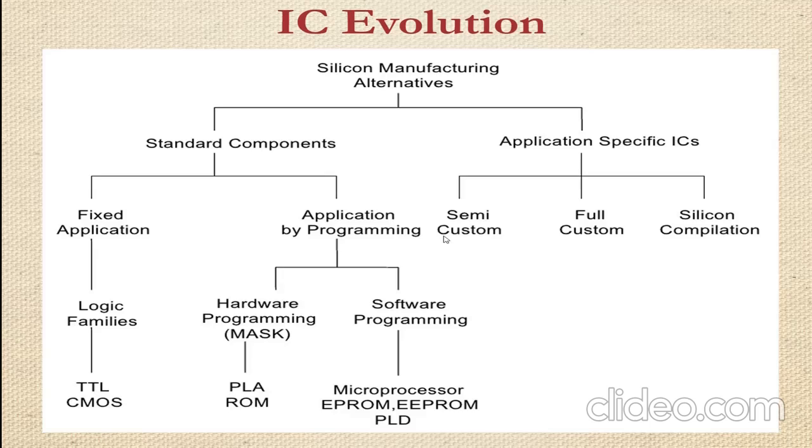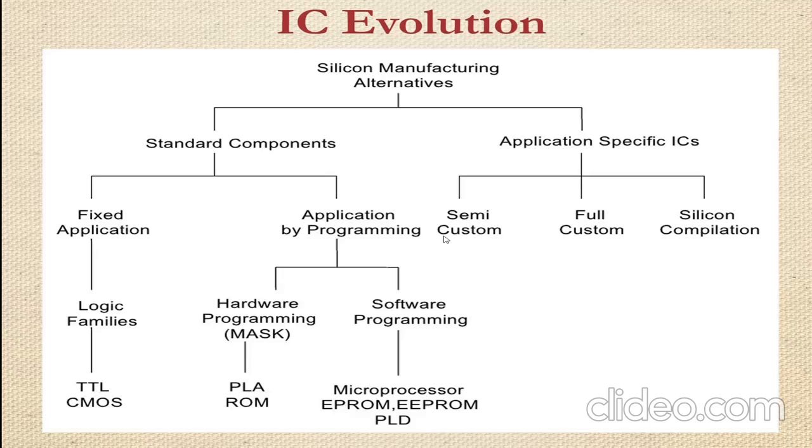And the second category is application specific ICs, like the controller IC for your washing machine or a controller IC for your microwave oven. All these are application specific ICs. These are developed as per the requirement of a particular application, that's why the name is application specific ICs. These ICs may be semi-custom, full custom or silicon compilation.